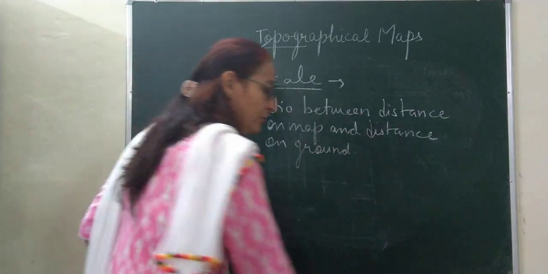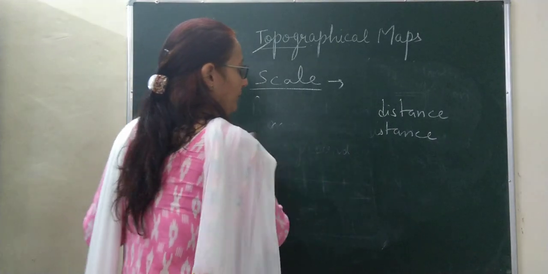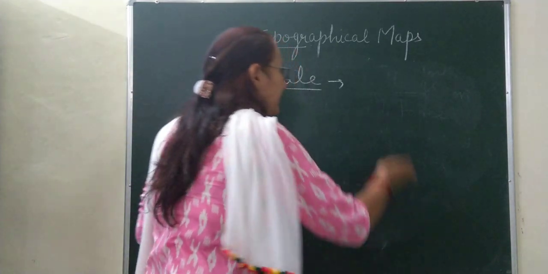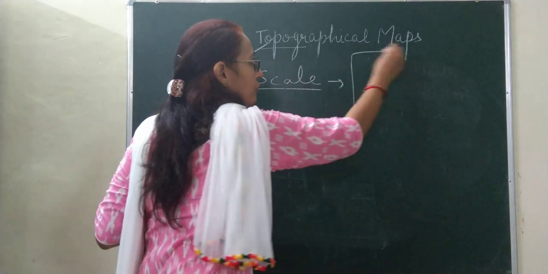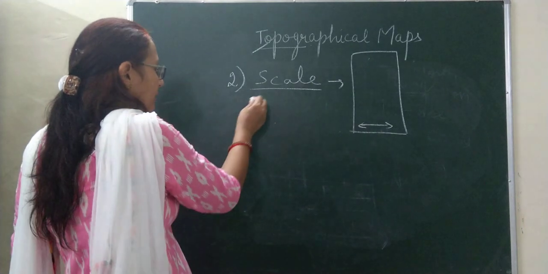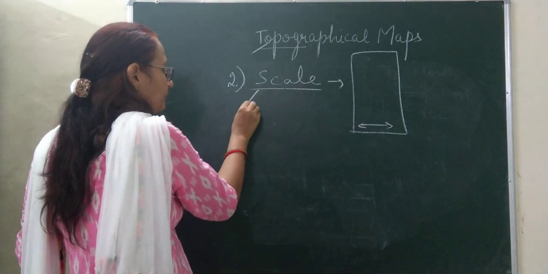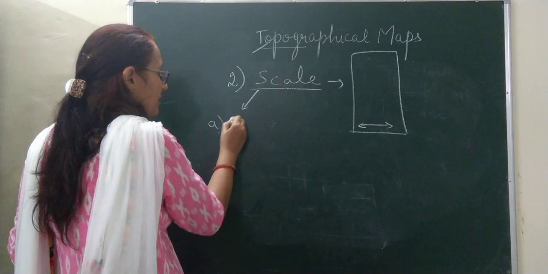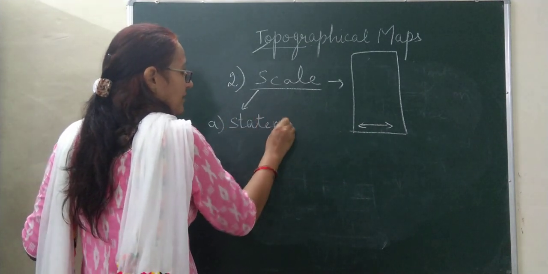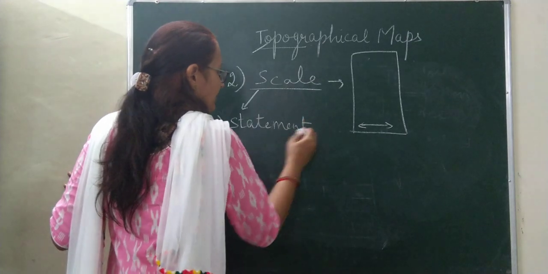So there are three types of scale. If you observe a map, at the bottom of the map you will find the scale presented. Number one is statement scale.